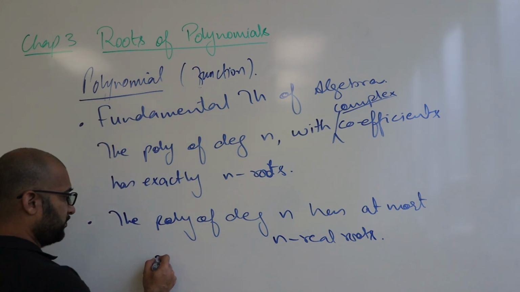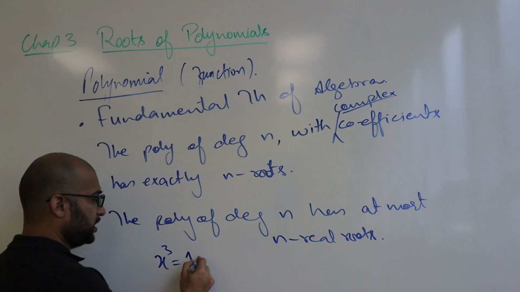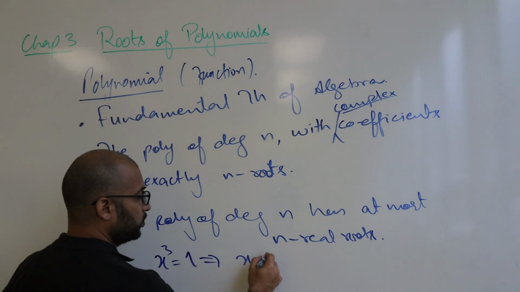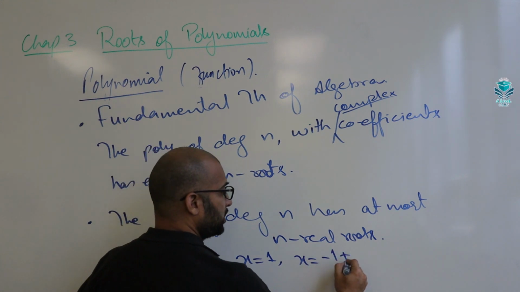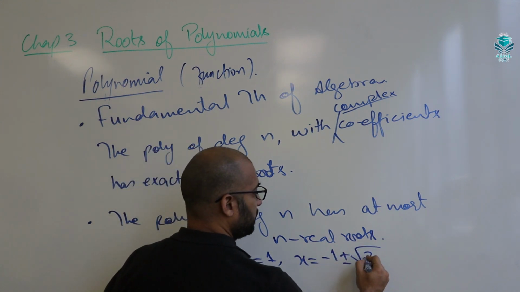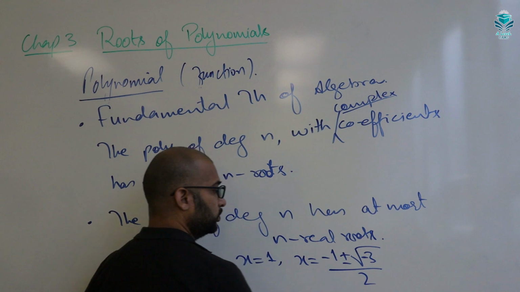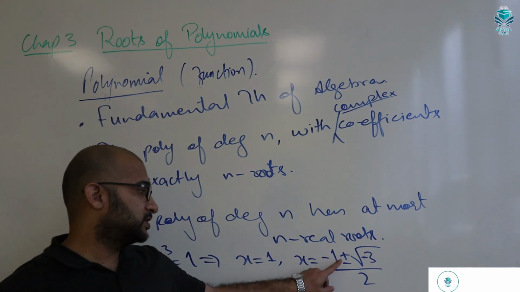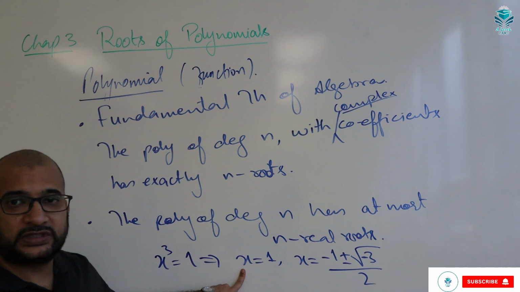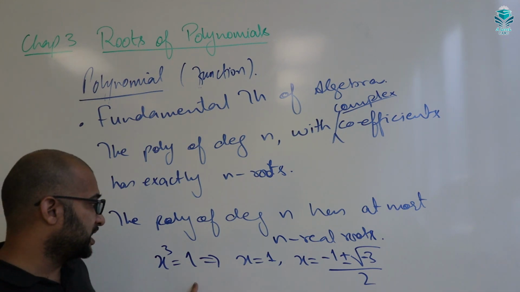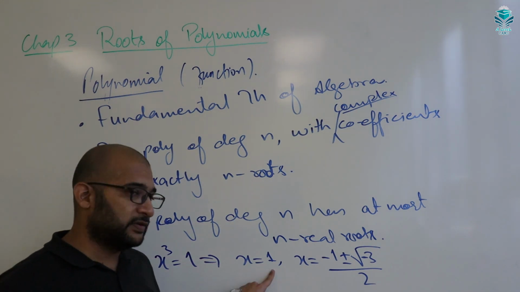For example, if we have x cube equal to 1, you have the real root 1, while the other two complex roots are (-1 plus minus root 3 i) by 2. So you can see one with the plus, second with the minus, and the third root is the real root, which is 1. So it has exactly 3 roots, while the real root is only 1.